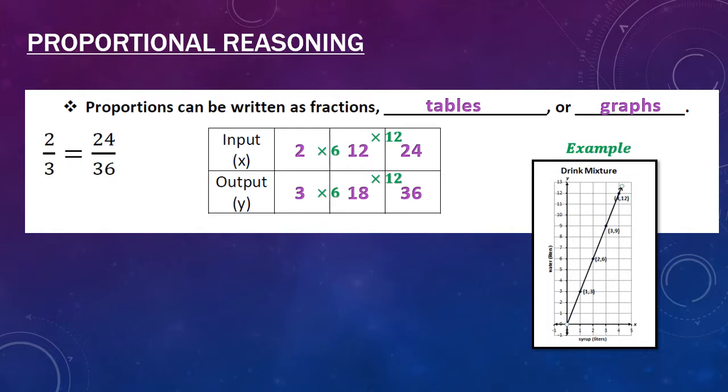It is important to know that for it to be a proportion, it has to go through the origin. They're going to make a straight line. So you could see a fraction, you could see a table, or you could see a graph. And it's important that you know it could be represented in any of those 3 forms.